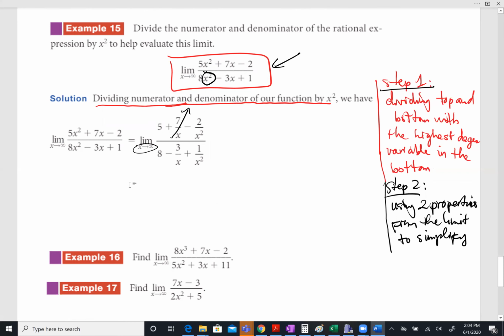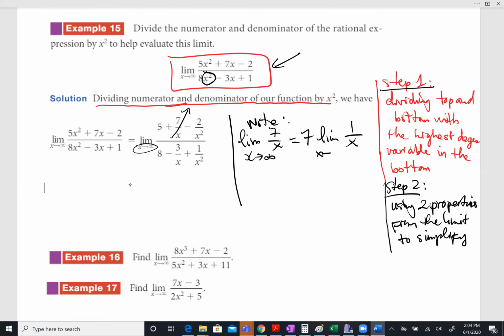Okay, so note that if I'm asking you about the limit of 7 over x when x goes to infinity, you can just say 7 times the limit of 1 over x when x goes to infinity.